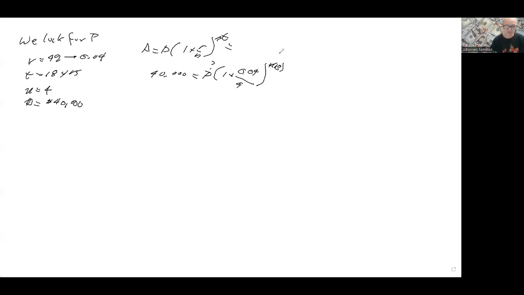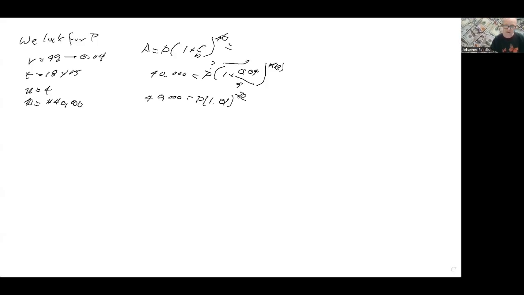So we're going to work this part out in the power. So we get 40,000 is equal to P times 1.01 to the 72nd power.